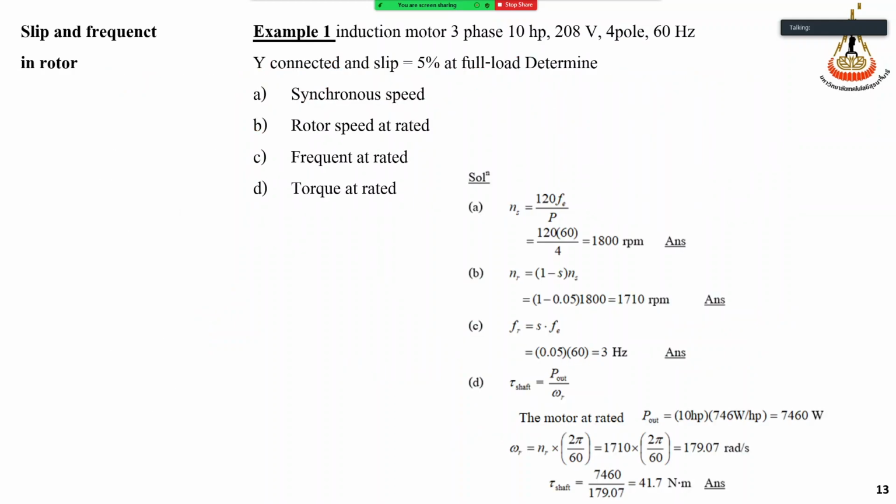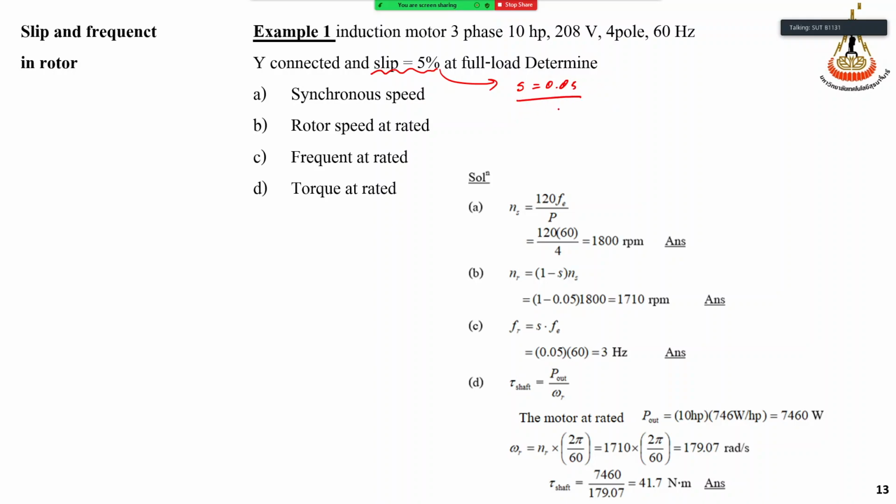Okay, let's see an example. The induction motor is 3-phase, 10 horsepower, 208 volt, 4 pole, 60 hertz, with wye connection. Slip is 5%. What does 5% mean? S equals 0.05, at full load condition.